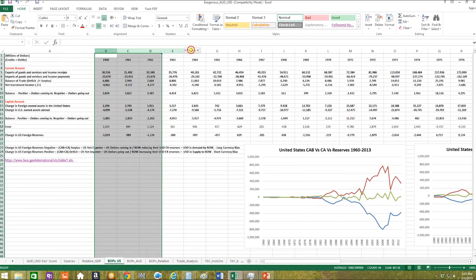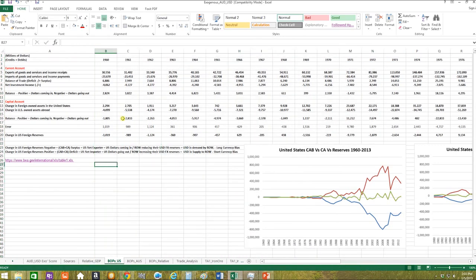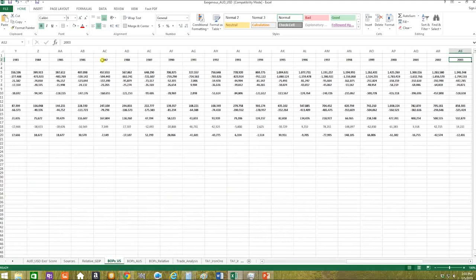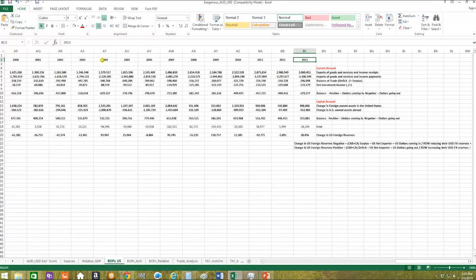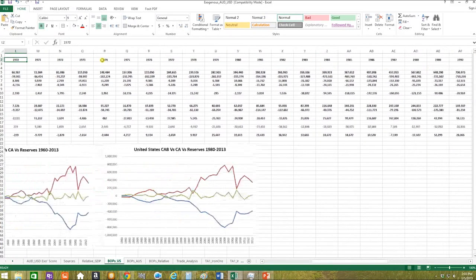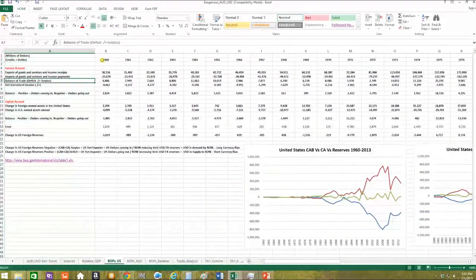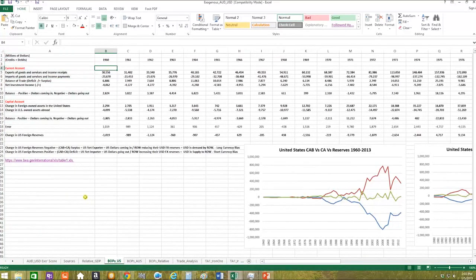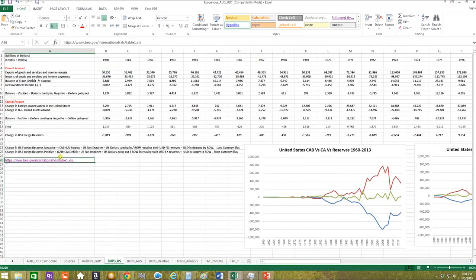got the United States balance of payments going all the way back to 1960, all the way up to 2013. We get this data from the BEA website, and this is a direct link to get all of the US historical trade data.